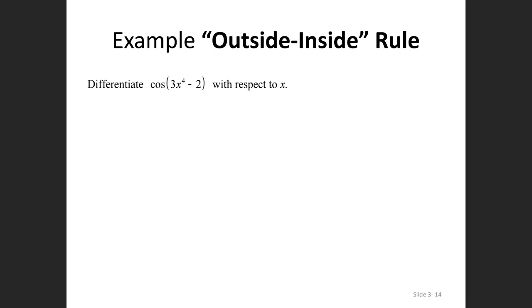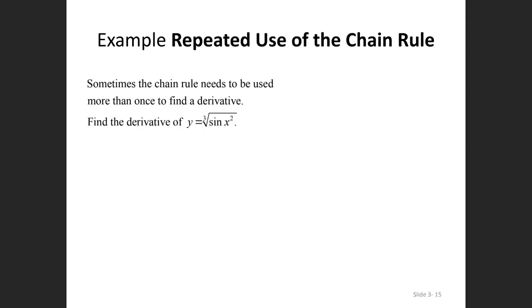Negative sine of 3x to the fourth, I'm going to take the dollar sign as a 4, since that's where it is, 3x times 12x to the third. Very good. It's exactly right. Nice job.